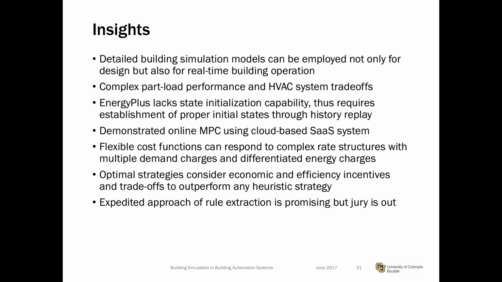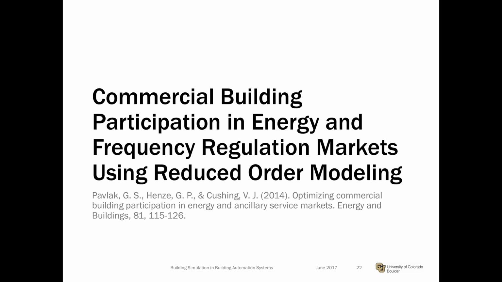And what the optimizer does find is an optimal trade-off between economic incentives and HVAC and building efficiency incentives, and outperforms a heuristic strategy under every case. The idea of extracting rules and doing less heavy lifting computationally is promising, but we are still waiting for the jury to make a decision.